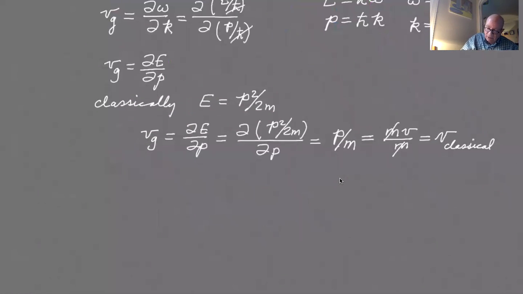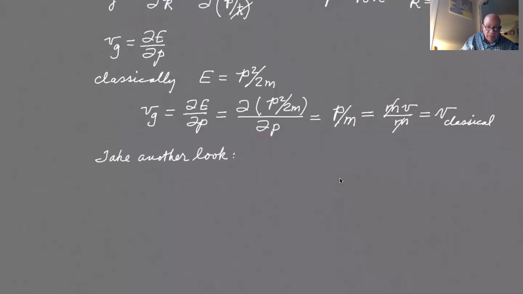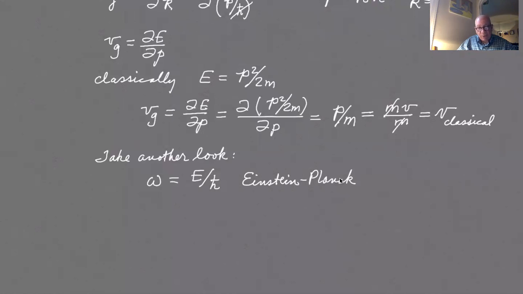All right, let's take another view with this. Let's work in the opposite direction. Remembering now that omega is equal to the energy over h bar, this is the Einstein-Planck relationship, which previously was only good for light waves, but is now going to be good for matter waves.